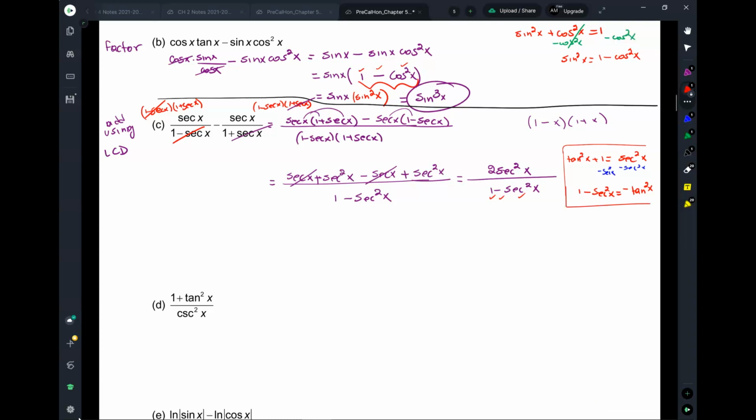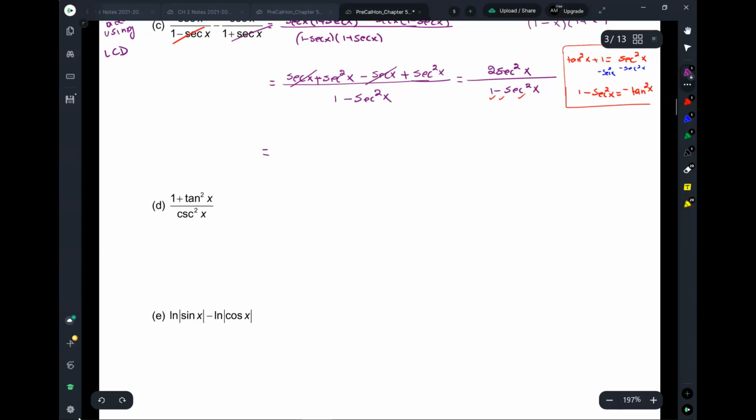Okay? So let's see what we have now. 2 secant squared x over negative tangent squared x. Now, can I simplify that further? Yeah, right? Because what's secant?